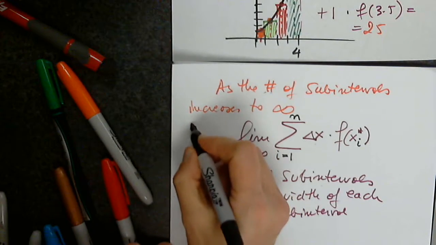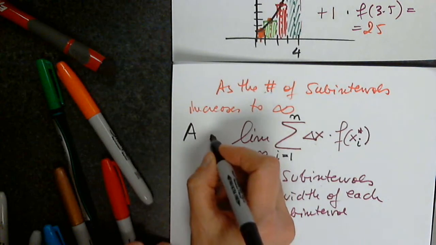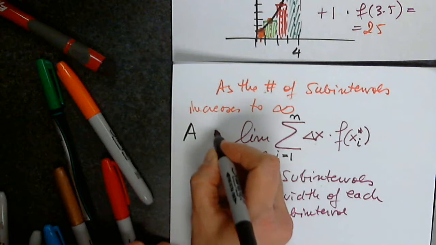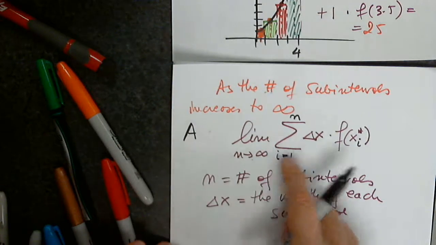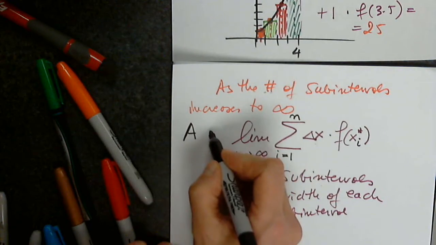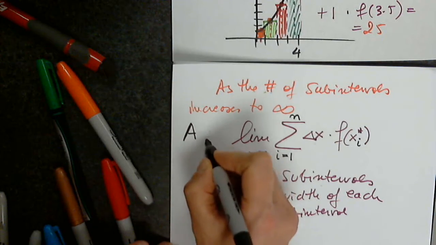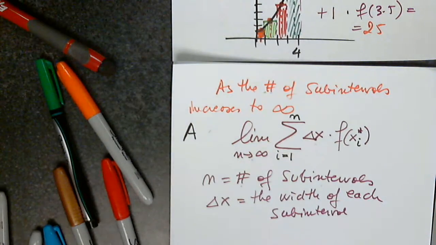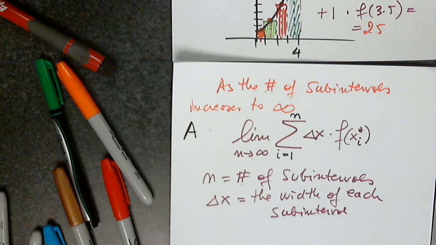Now, question. Can I put the equal symbol now? Or still approximation? That's my question. Between this and this, can I now with certainty put the equal symbol, or does it still have to be approximate? So before you answer, I have n subintervals, and they increase to infinity of what?